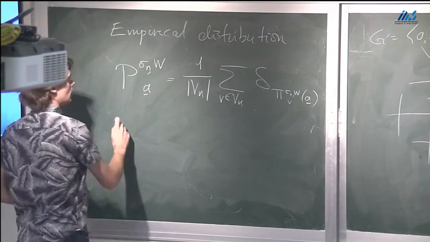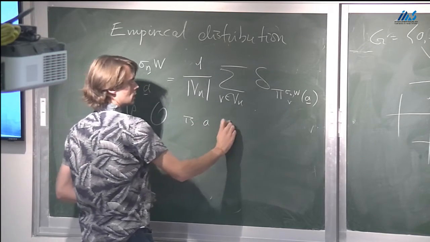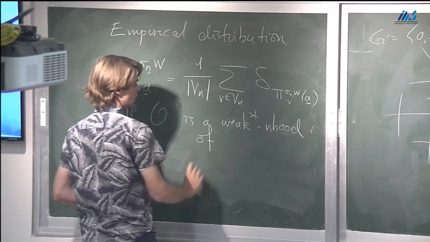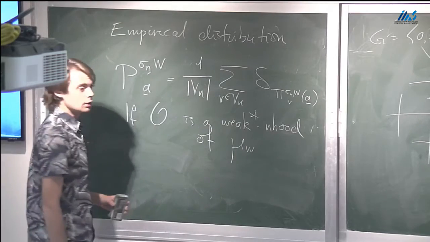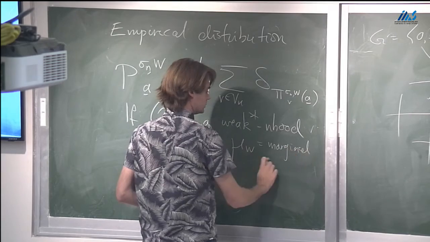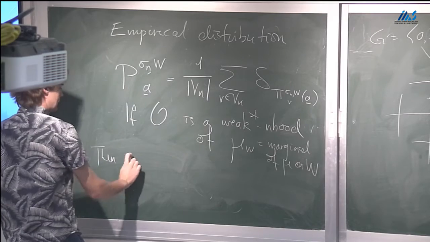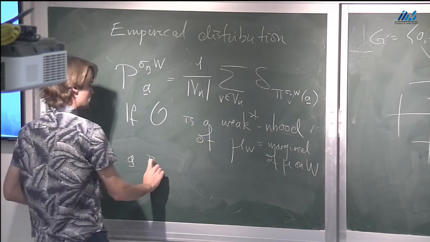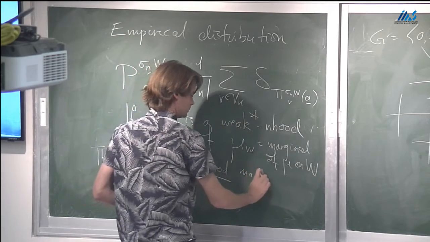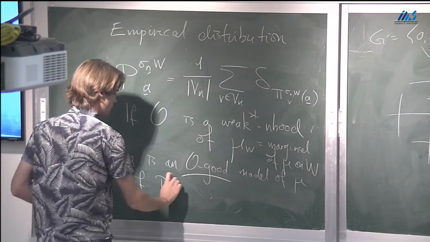Okay, and then we say that if O is a weak star neighborhood of mu_W, that's the marginal of mu on this finite set, then A is an O-good model for mu if its empirical distribution is in that neighborhood.